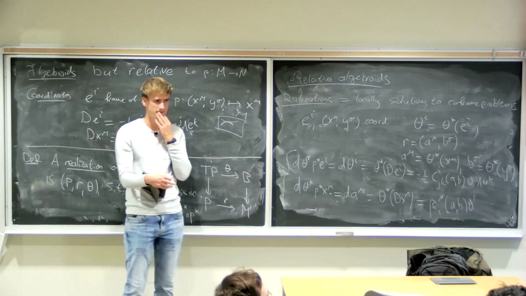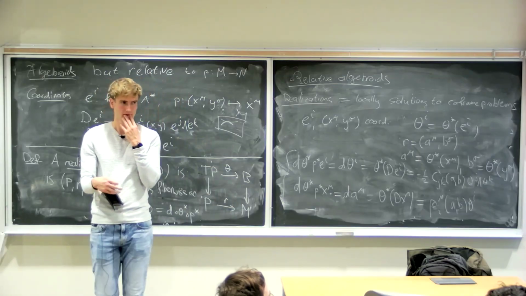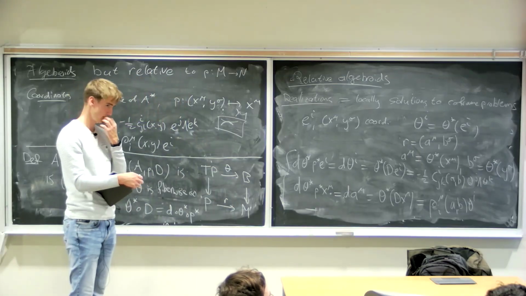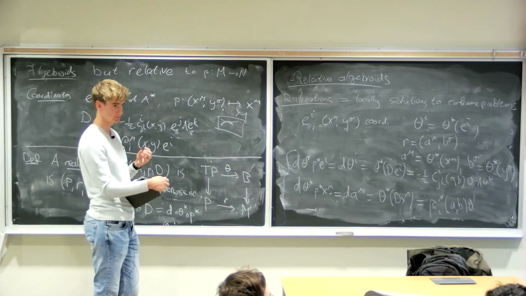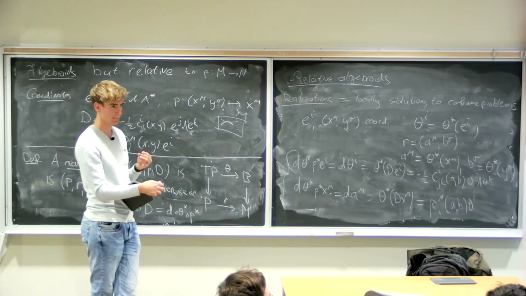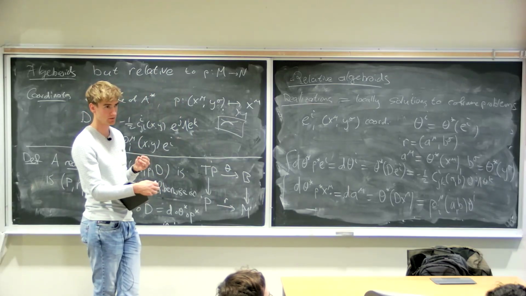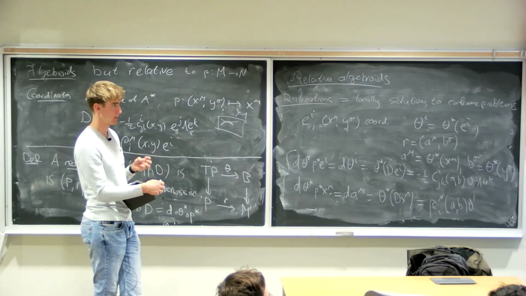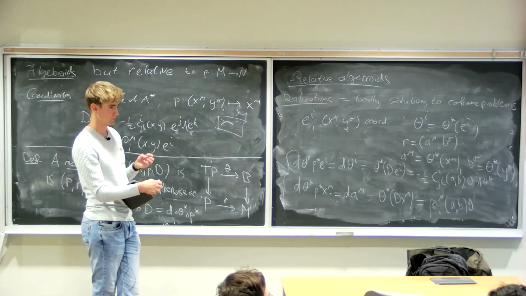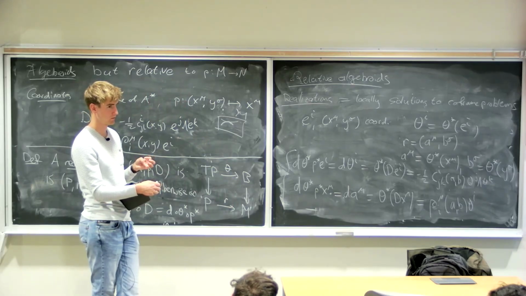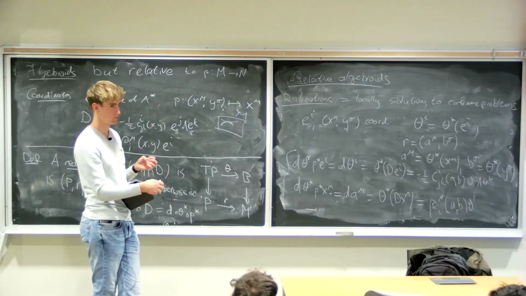So there's a few disconnects, because there are ideas of realization that I know of which are different from the way that you're using realization. Basically, the idea of realization for Lie algebroids is that you would like to represent that Lie algebroid as the tangent bundle of something, making it geometric.